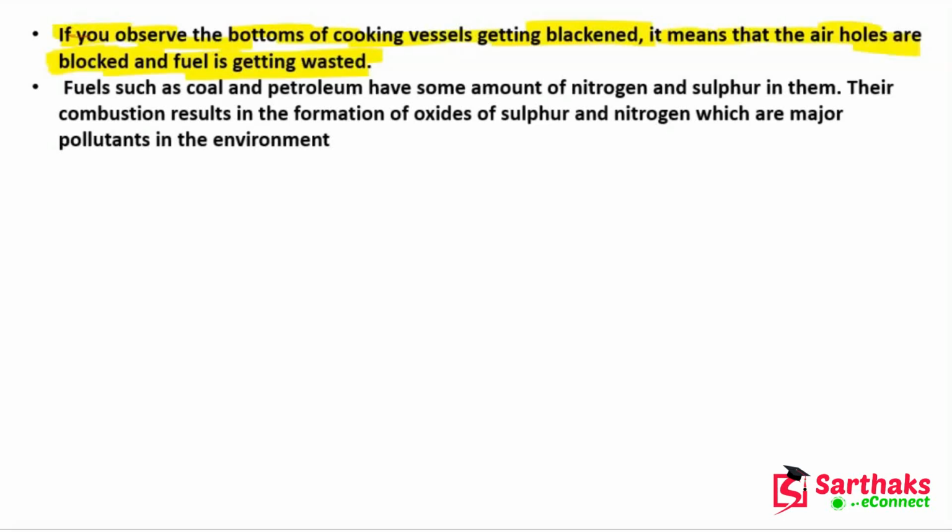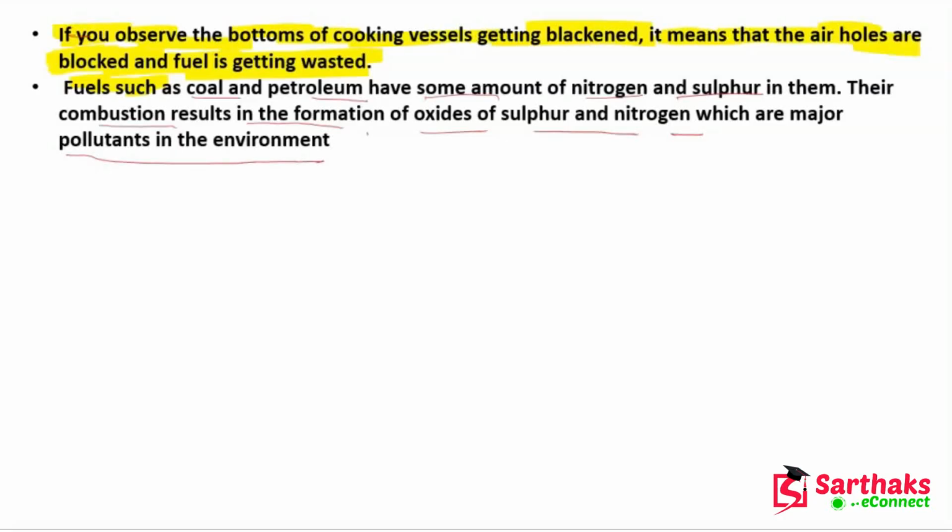Now, fuels such as coal and petroleum have some amount of nitrogen and sulfur in them. So their combustion will result in the formation of oxides of sulfur and nitrogen, which are major pollutants in the environment.